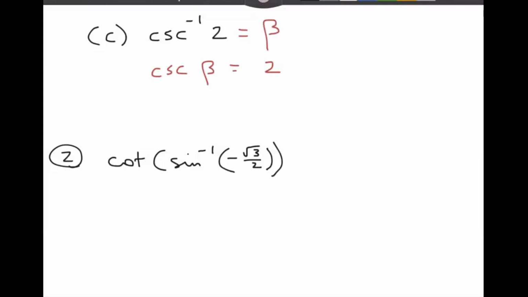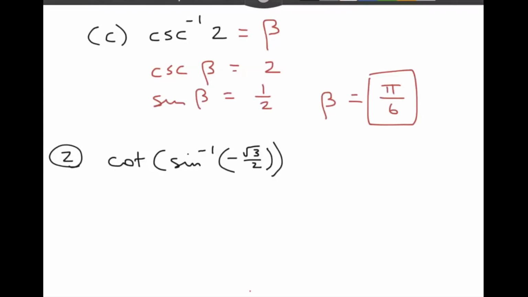The number one thing I remember about the cosecant is that it's the reciprocal of the sine, right? So if the cosecant of beta is 2, then that means the sine of beta is 1/2. And that must mean that beta is pi over 6.